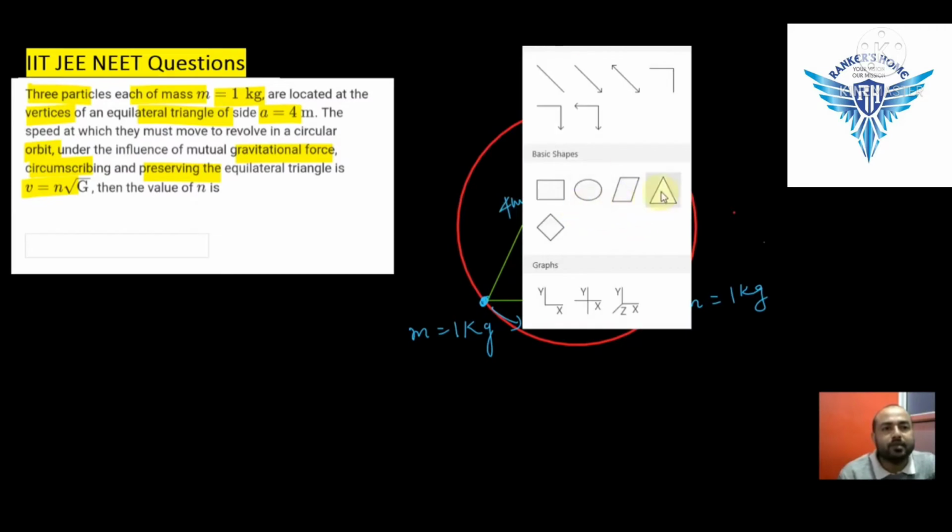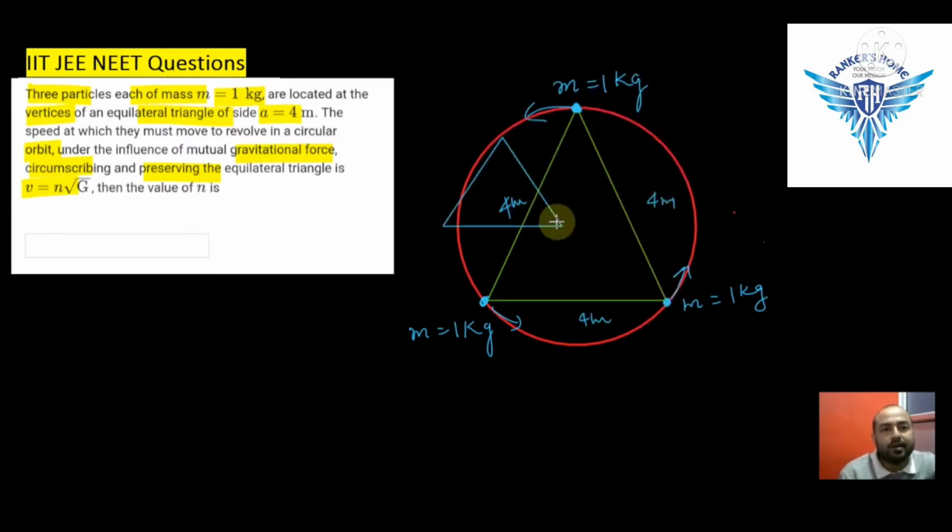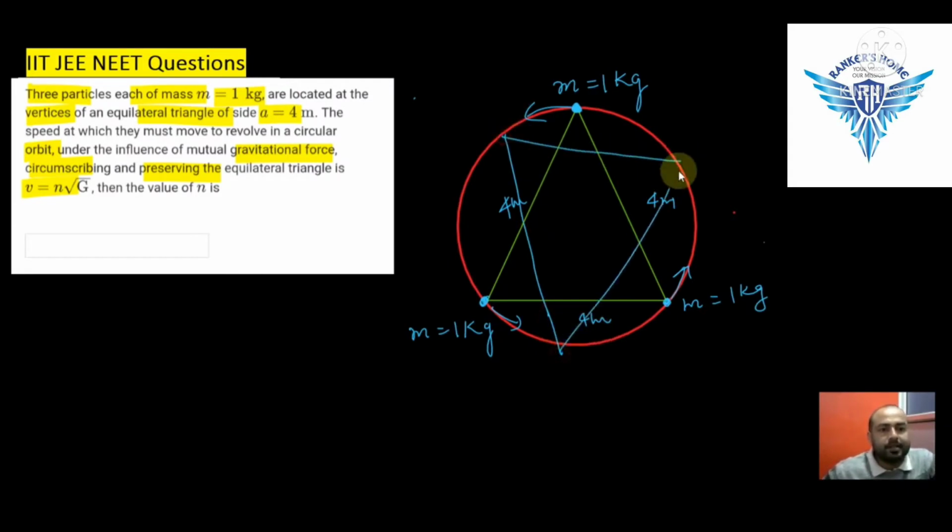After some time the equilateral triangle will be like this, and the particles will reach this position. The path is circular for the particles, but the shape of the equilateral triangle must be maintained.